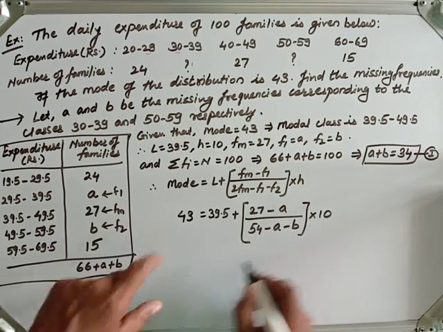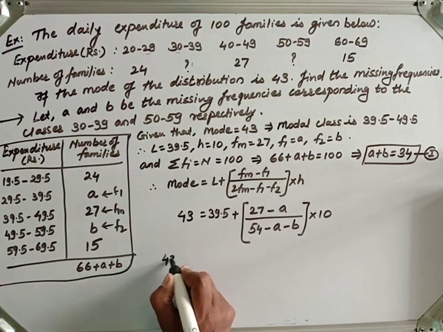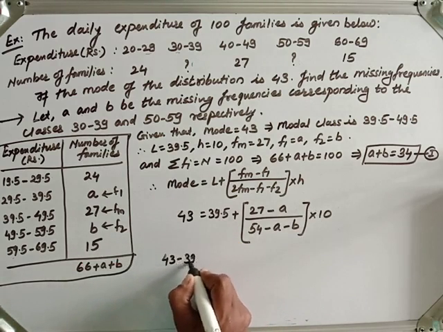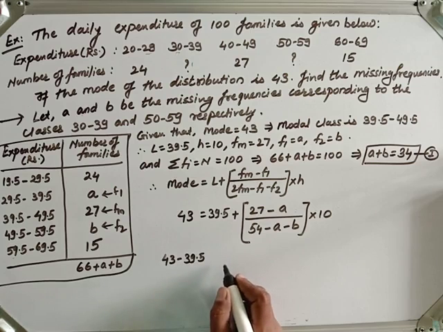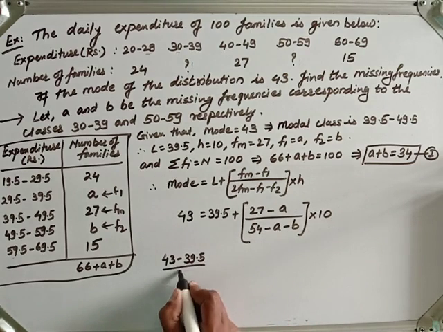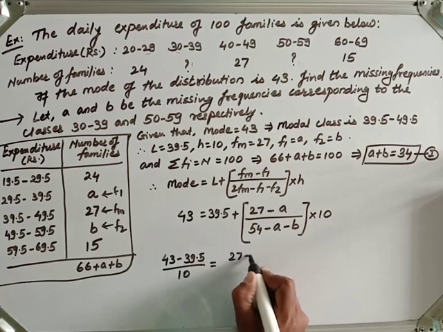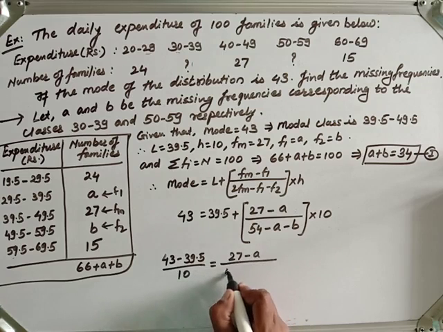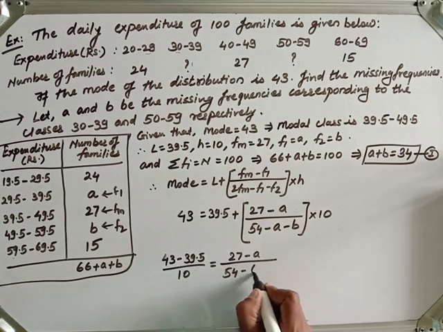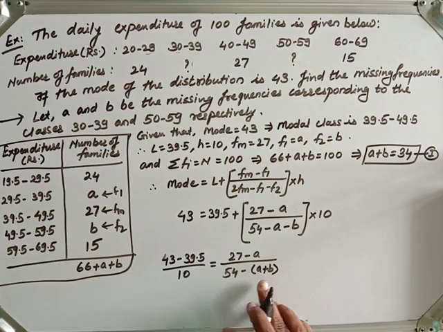H is 10. Now let us take this number to this side. So 43 minus 39.5, and this 10 will be multiplied here, so it will come to division there. Fine. This is equal to 27 minus A upon 54 minus, I can write here, this is A plus B. So A plus B is how much then? 34.